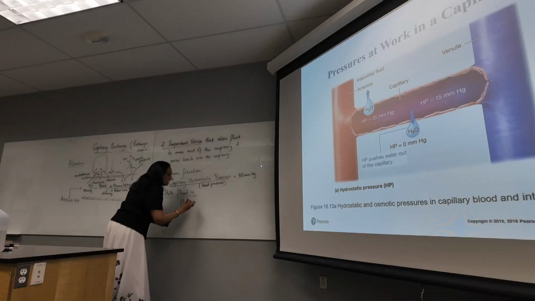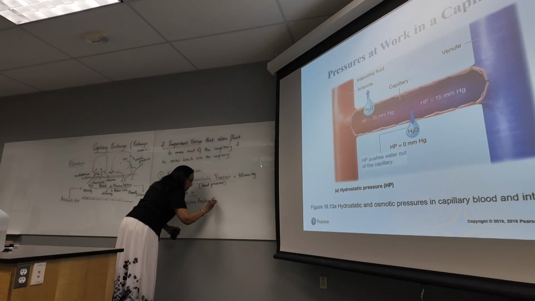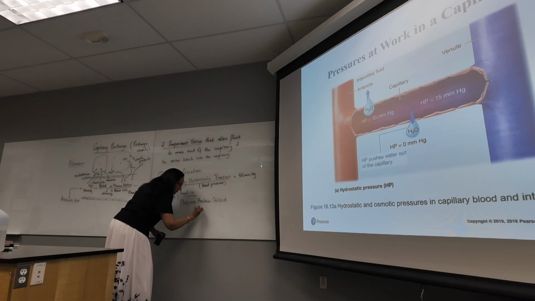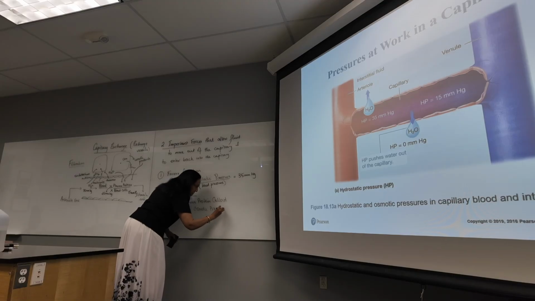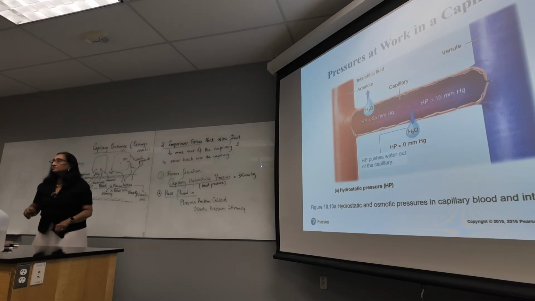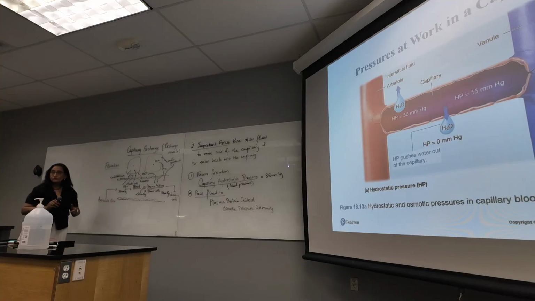So just so that you remember, it is because of the proteins. Plasma protein colloid osmotic pressure, which is 25 millimeters of mercury. Just for ease purposes, we just use this.